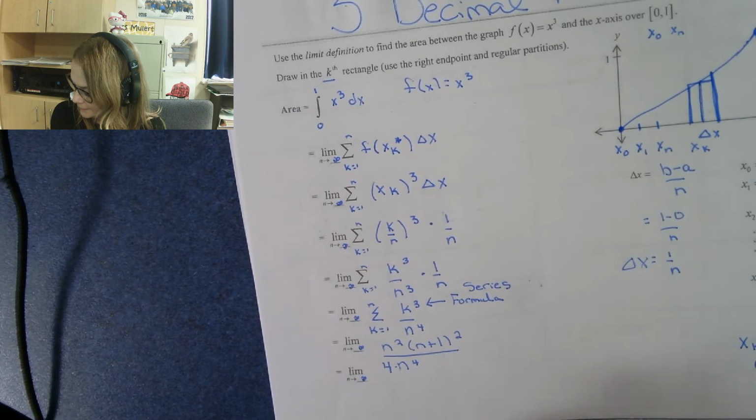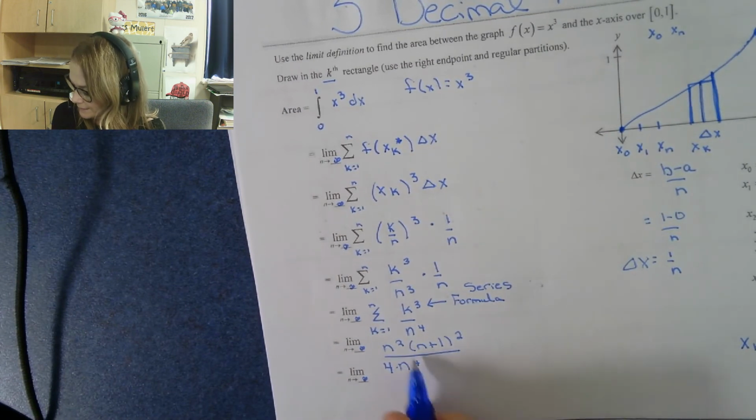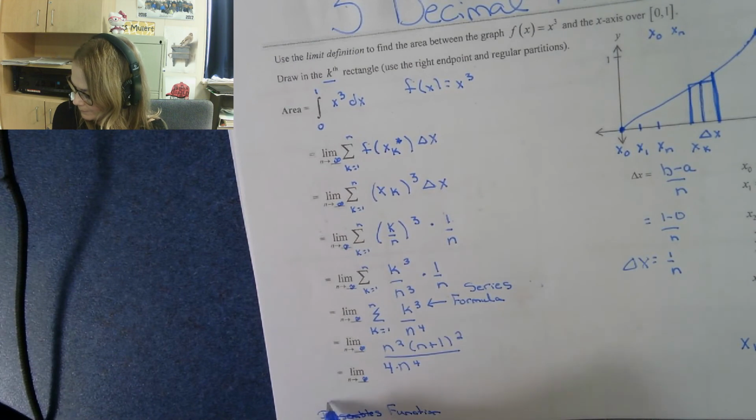All right, and so we're going to take the limit of this. When we push the limit, we're looking for the leading term, so this resembles a power function. You can see it's going to be n squared times n squared, so n to the 4th over 4n to the 4th.